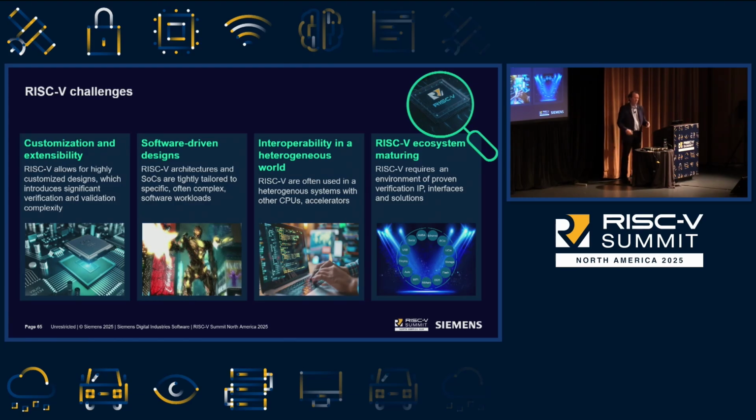I'm sure you've seen tons of slides like this where people are trying to tell you what your problems are. But if you look at the different challenges associated with RISC-V designs, one way to look at it is that they come in two separate categories. First, challenges related to the RISC-V architecture itself and where it stands.